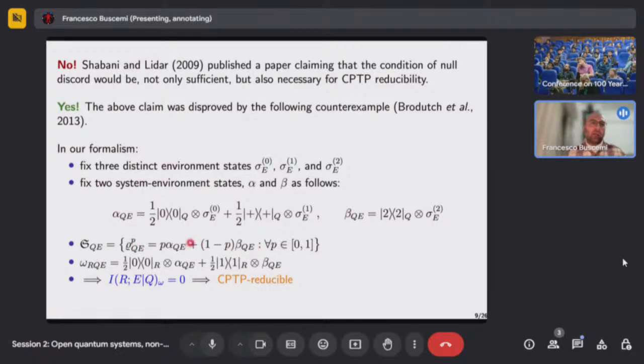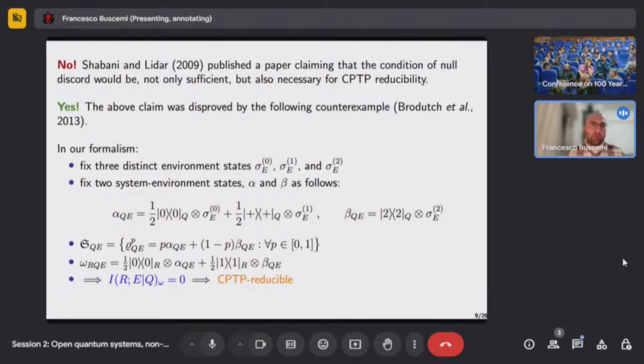Again, this example can be very simply described in the formalism of reparable families, just by constructing this state here. You see that the reference is just steering the possible convex combinations, and again, it is easy to check that the Markov condition is satisfied, and therefore, due to the result I showed you before, this family is CPTP reducible.